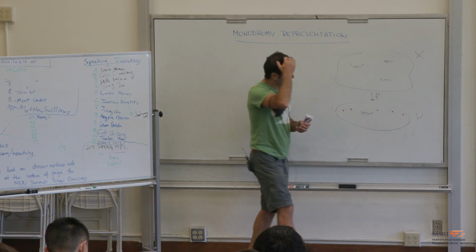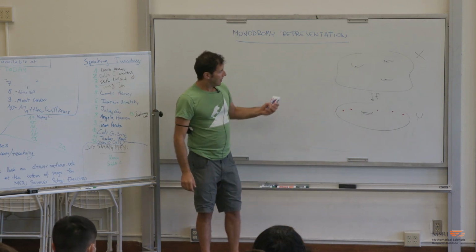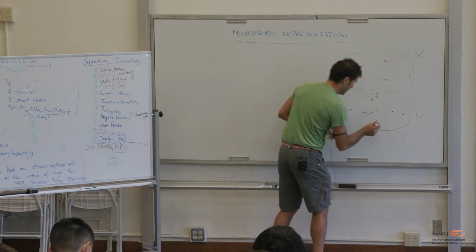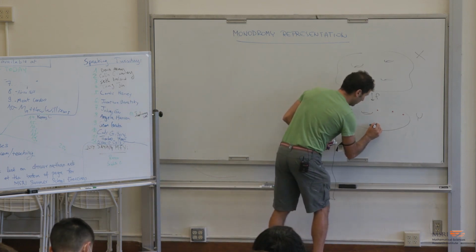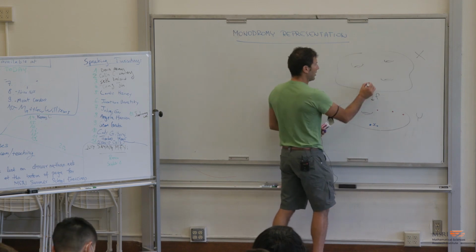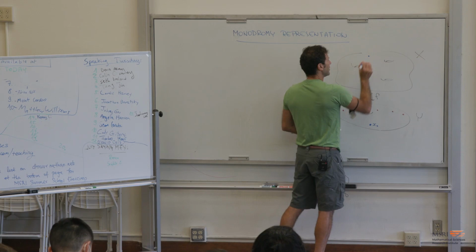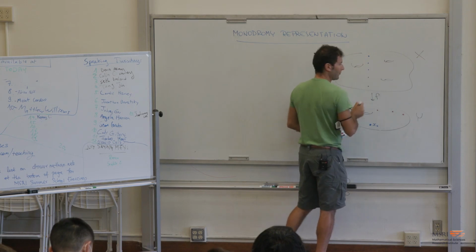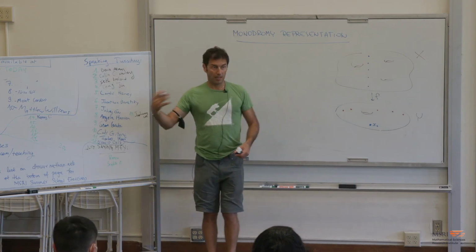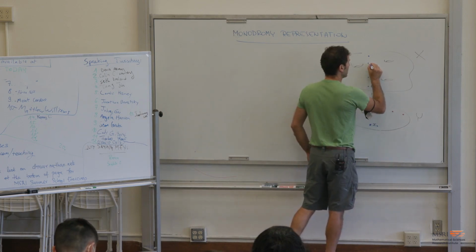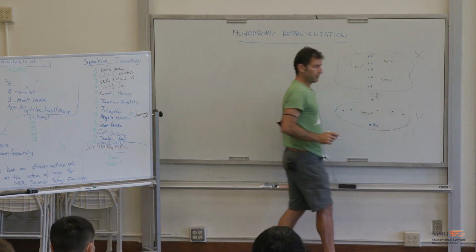And then what I'm going to do is I'm going to pick a point which is not a branch point. Call this x naught. And because x naught is not a branch point, it has exactly the inverse images, and I'm going to label them. Right? I'm going to label them 1, 2, 3, 4, 5.